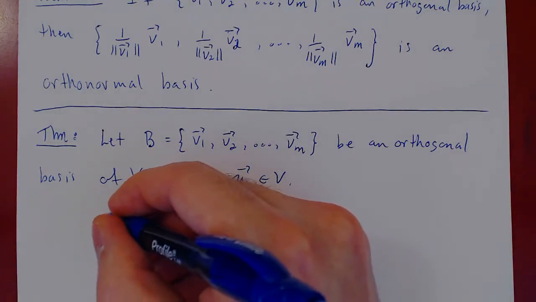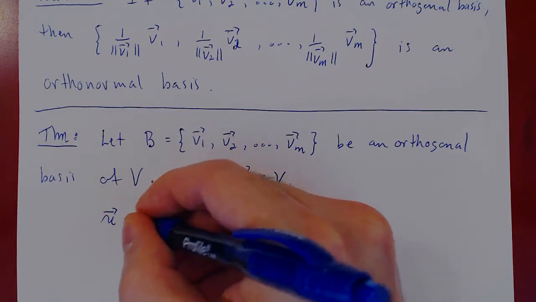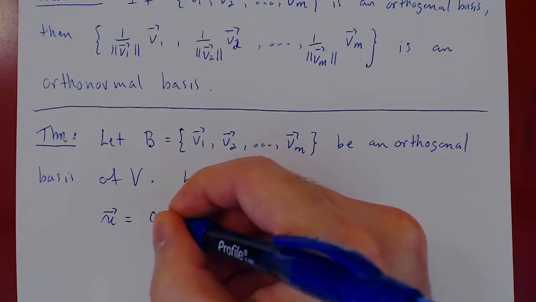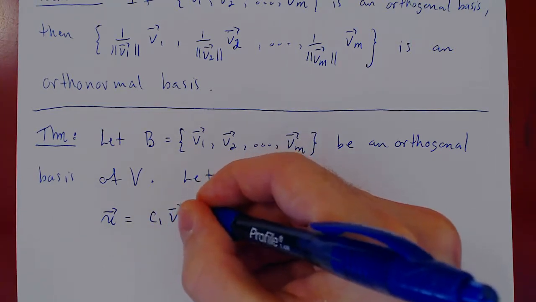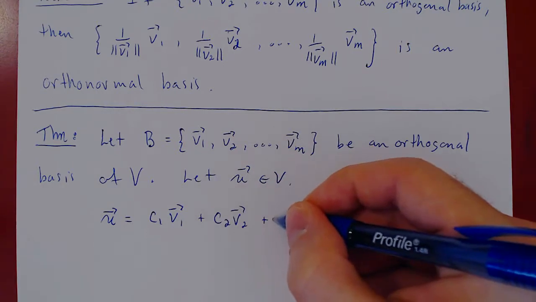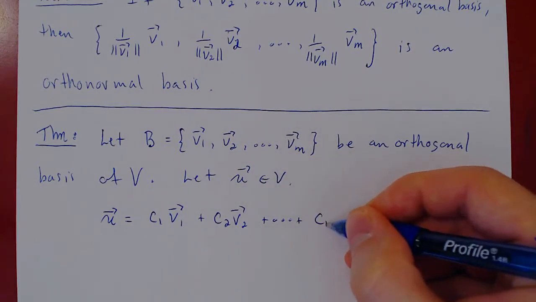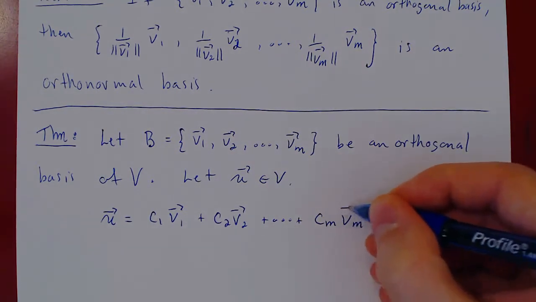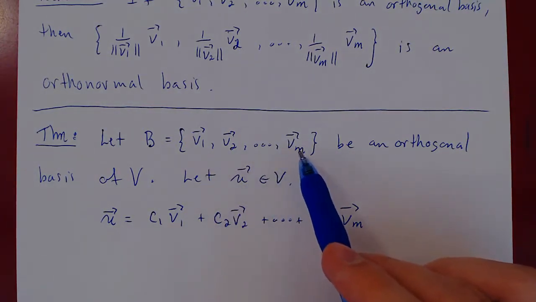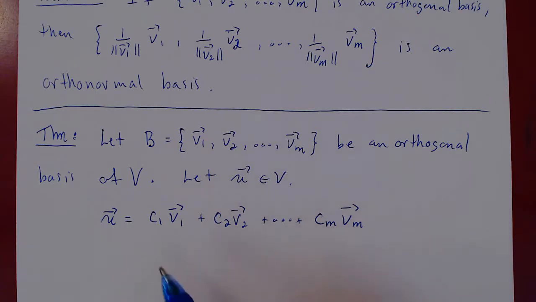If you express u as a linear combination of these m basis vectors, so some multiple of v1 plus some multiple of v2, up to some multiple of vm, and you say, okay, I know these m basis vectors, I know the vector u, I am trying to solve for the coefficients in this equation.